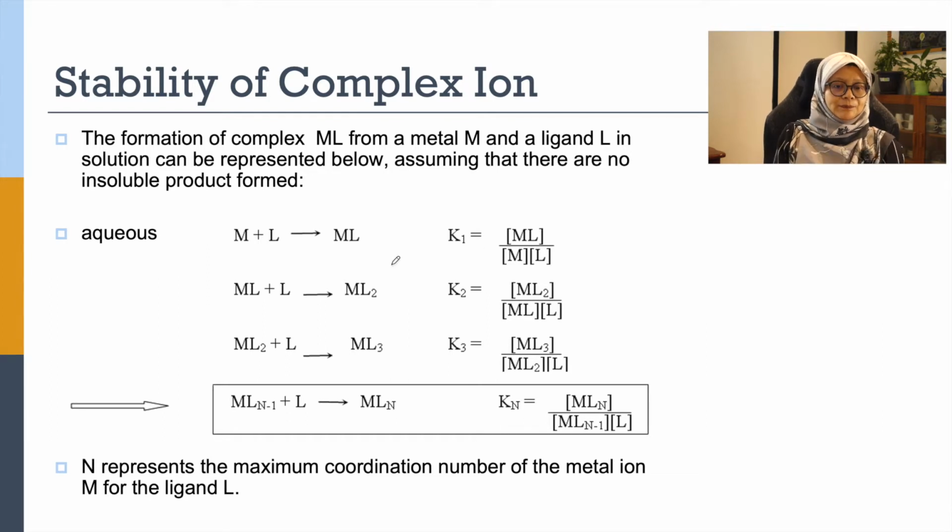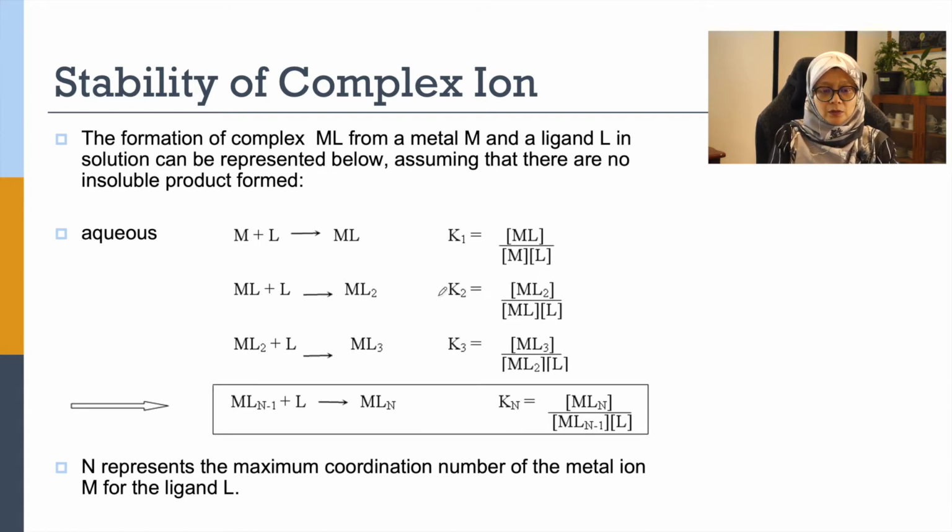Then we add on another ligand, or 1 mole of ligand. This ML will react with a ligand to form ML2. This is the second stepwise step, and we call its constant K2.